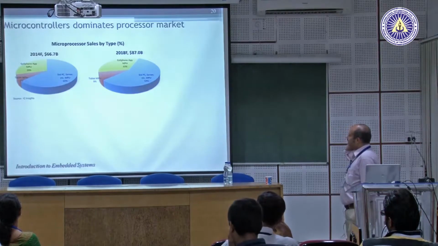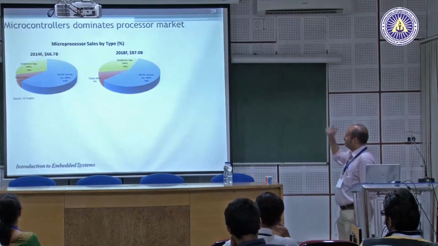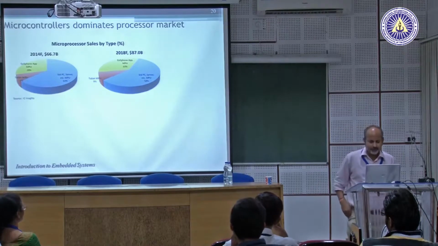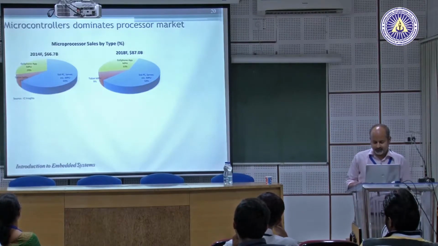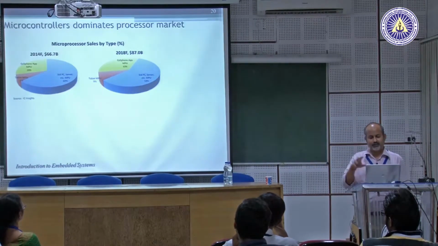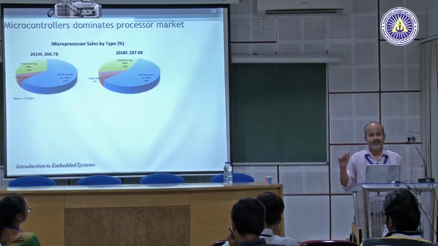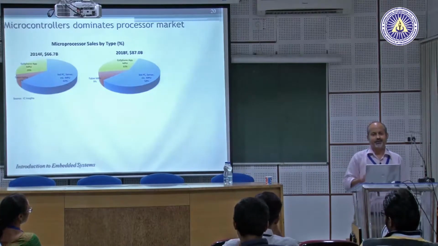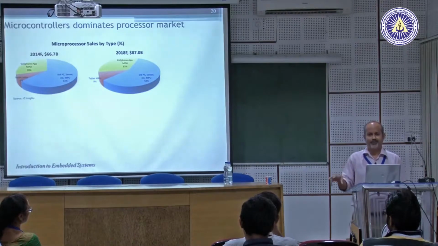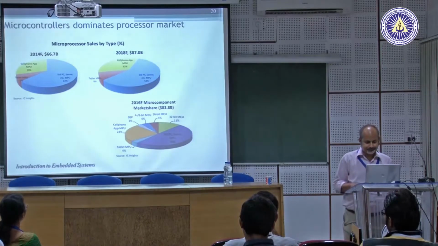In 2018 they are projecting about 41% in this market. Now this is just the computational side; this is not even considering the microcontrollers that go into embedded systems. This is just cell phones versus regular computation.